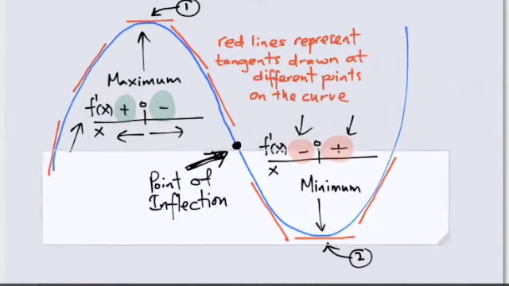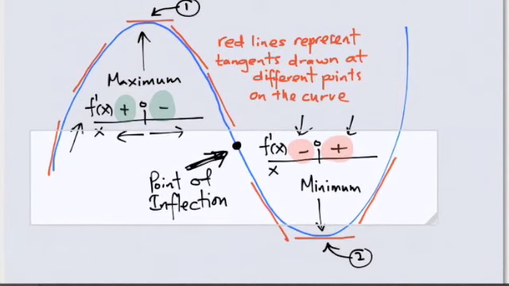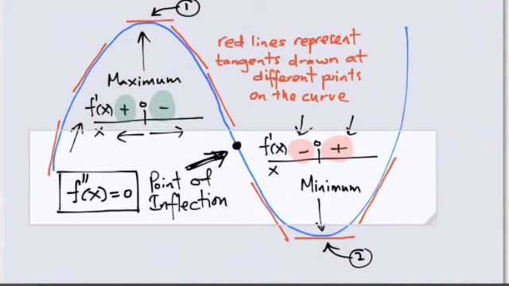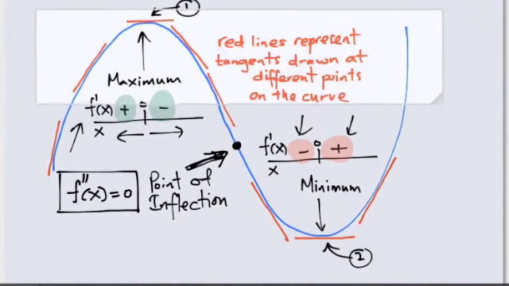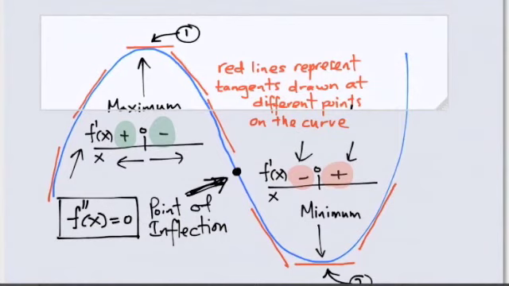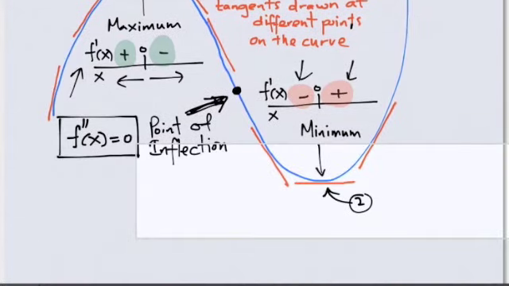So how do we then determine what is a point of inflection? At the point of inflection, the second derivative of the function is 0. So by checking the second derivative of the function, we can determine points of inflection. Now at maximum points, the first derivative of the function is 0. Same can be said about a minimum.